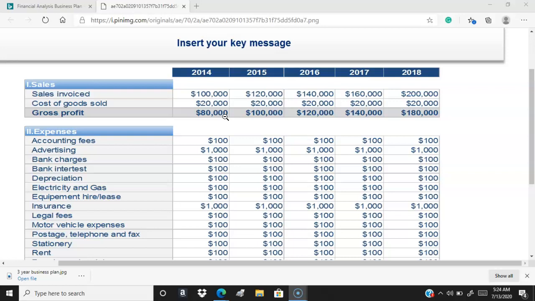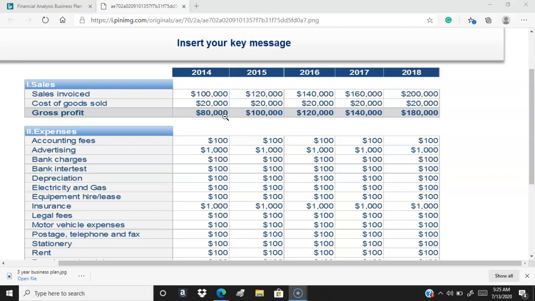So just say your sales is $100,000 worth of sales in a business. Say you developed it, you made your own handbags and you sold them and everything, and you made $100,000. The cost of goods sold is $20,000.